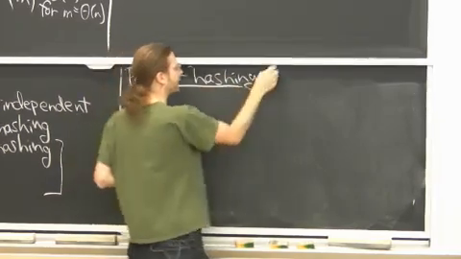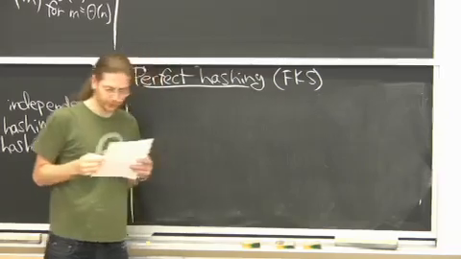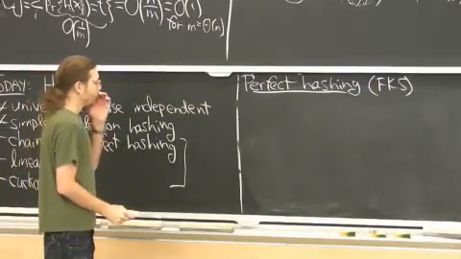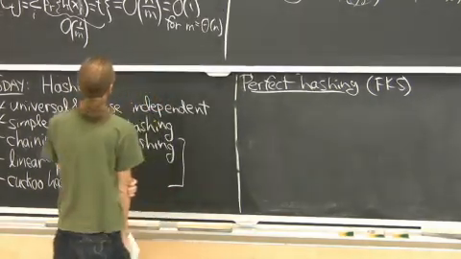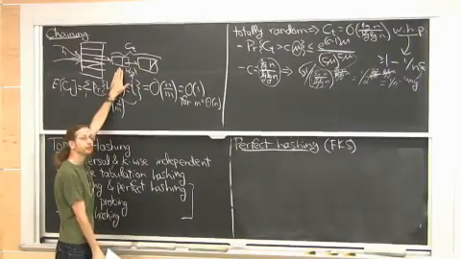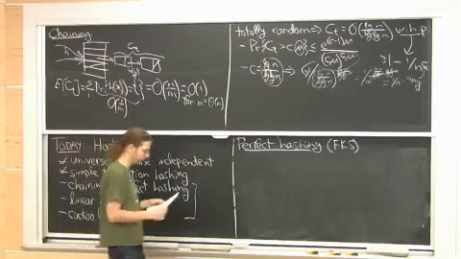This is also called FKS hashing, from the authors Fredman, Komlós, and Szemerédi. This is from 1984, so an old idea. You just take chaining, but instead of storing your chains in a linked list, you store them in a hash table. Simple idea. There's one clever trick.